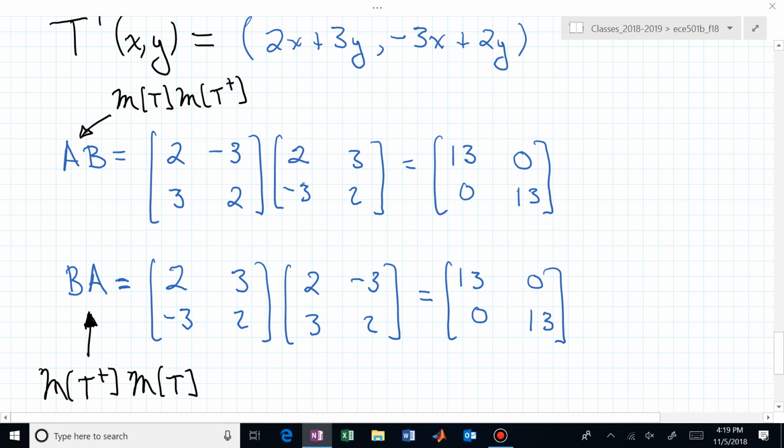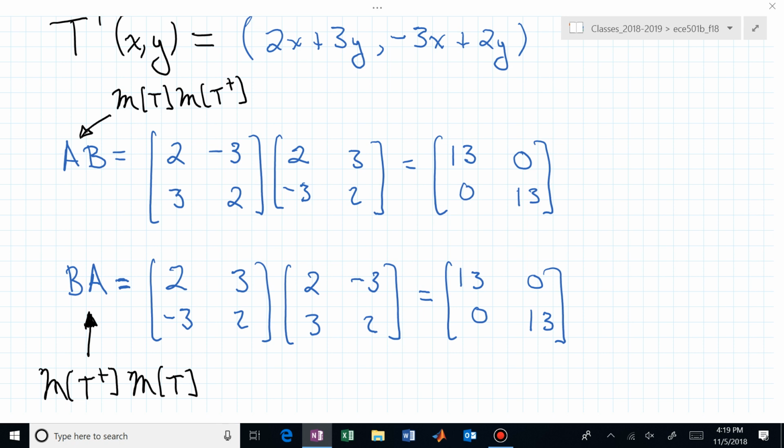What am I trying to show or illustrate? Here is an example of a map that is normal, but it's not self-adjoint, because T dagger T is equal to T T dagger, but T is not equal to T dagger.